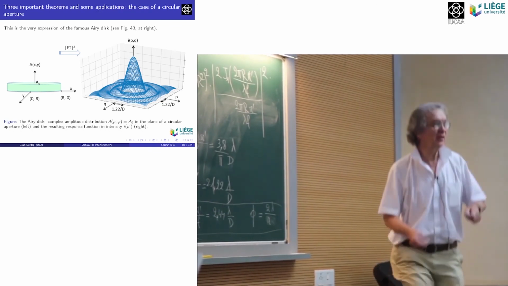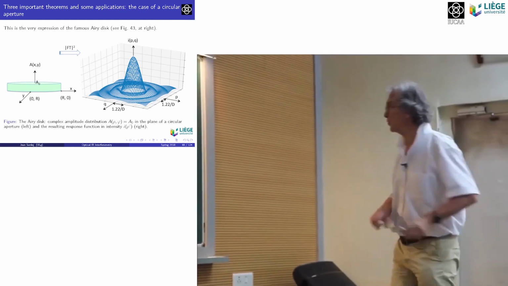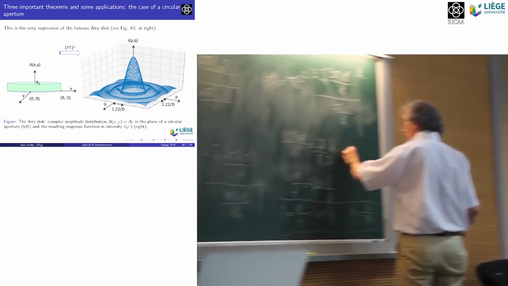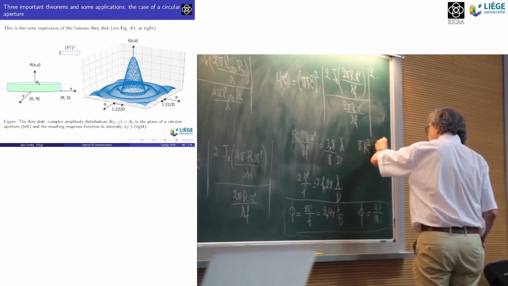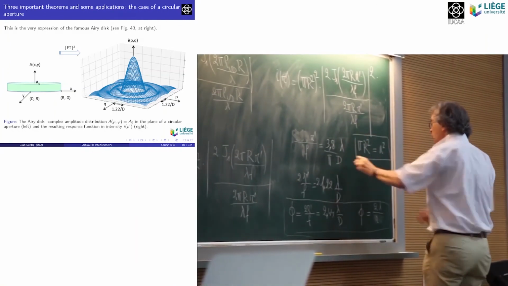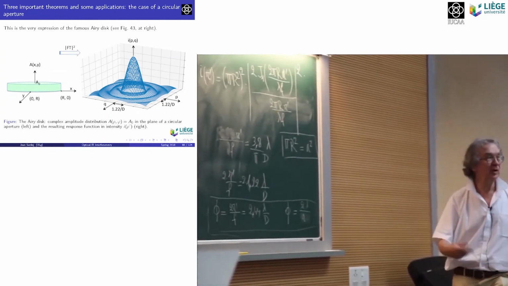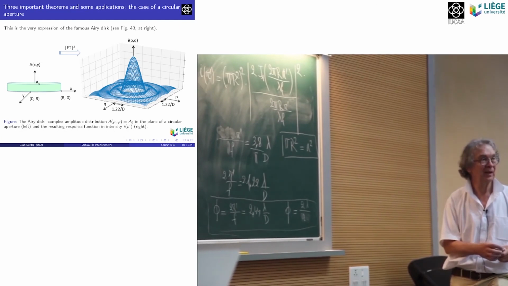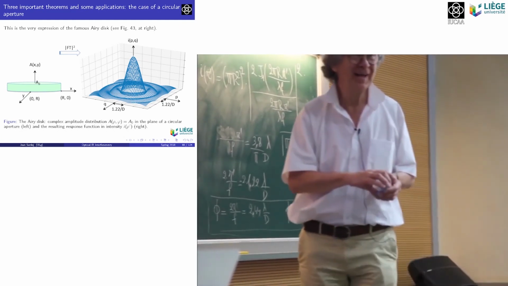Well, to find out, you have to do the small calculation at home. So you assume that pi times r square is equal to a square. So the two pupils have the same surface, and then you try to find out which one is the most resolving. I know the answer, but I keep it secret till tomorrow.